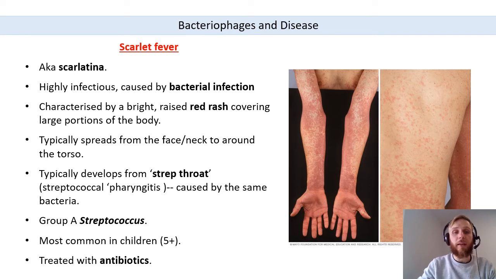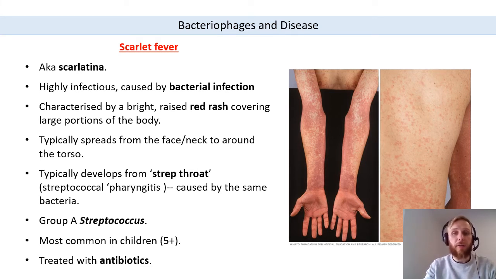So it's caused by the same bacteria that causes strep throat, so streptococcal pharyngitis, so pharyngitis, inflammation of the pharynx. Streptococcal, it's caused by Streptococcus species, specifically group A Streptococcus, and again it's the same bacteria that is causing this strep throat as is causing scarlet fever.